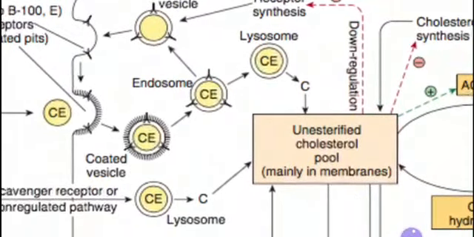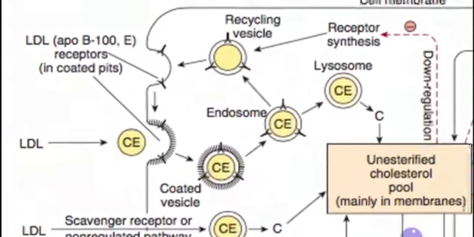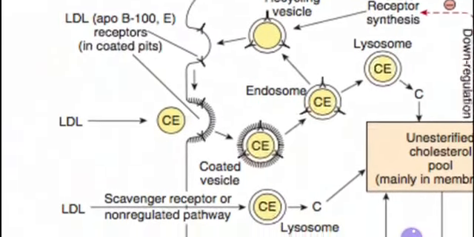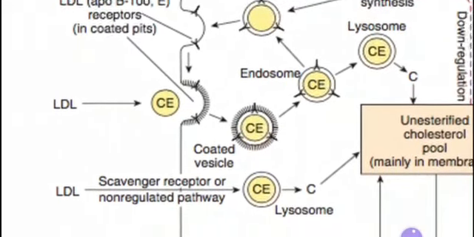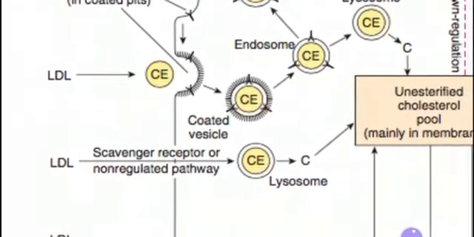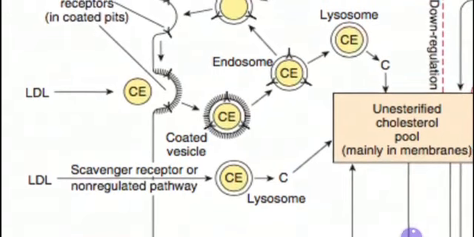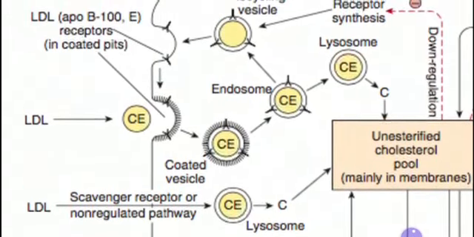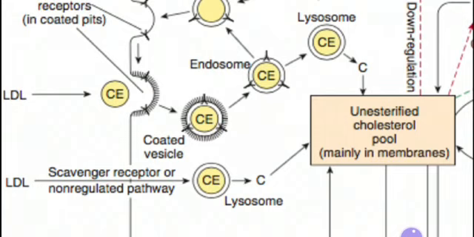So this is the diagrammatic representation of the last two slides, in which I have explained how the unesterified cholesterol pool is maintained in the cell, especially in the membrane. See here, the LDL particles are either taken up by the receptors or by some non-regulated pathway. They enter into the cell, they are taken up by the lysosomes, and may be converted into endosomes, and from the lysosomes this cholesterol is deesterified and then enters into the cholesterol pool.